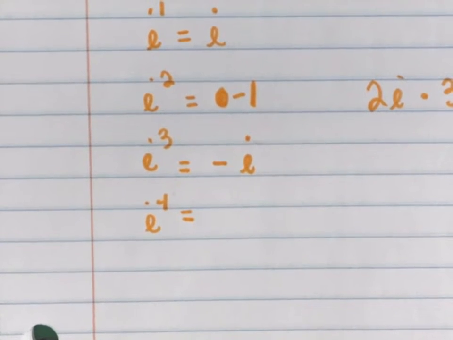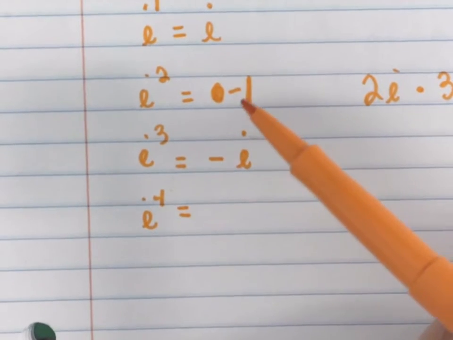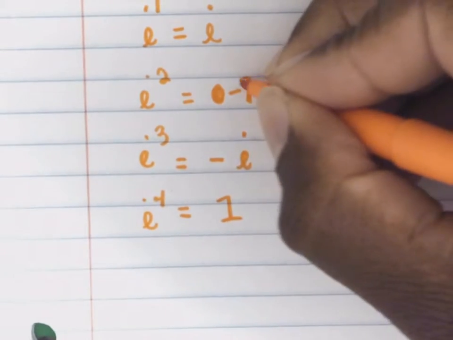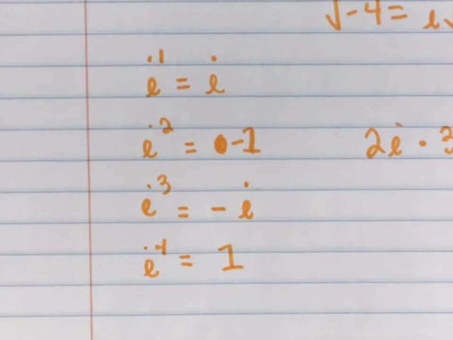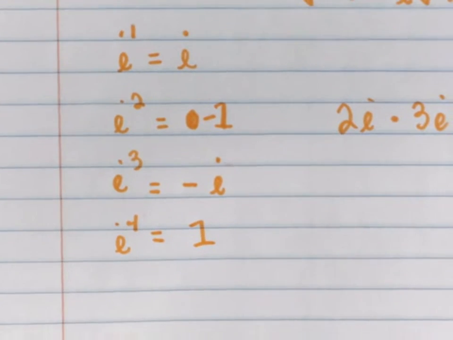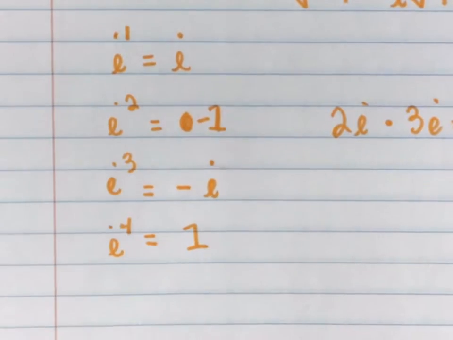Positive 1. Great job. It's really 2 of these, negative 1 times negative 1, positive 1. All right, so these were the properties of imaginary numbers, or I. Whenever these situations arise, you can substitute them for that.